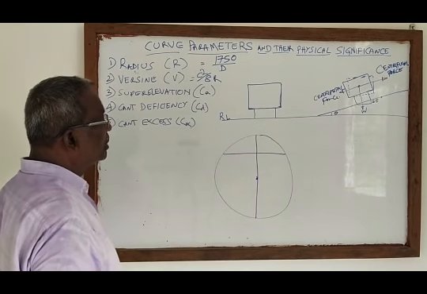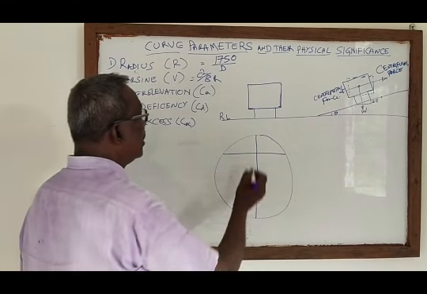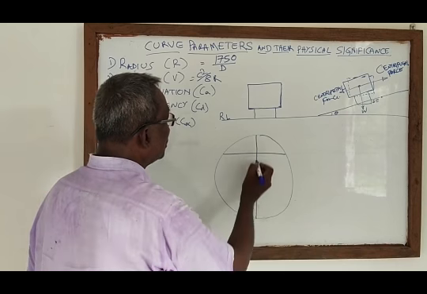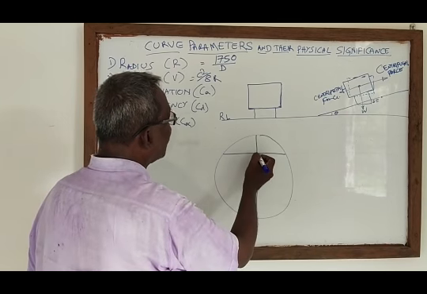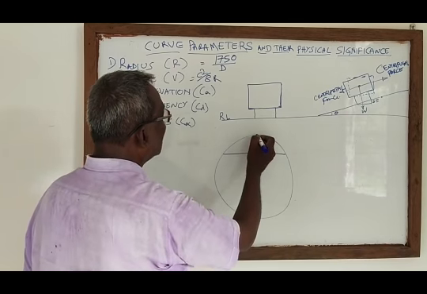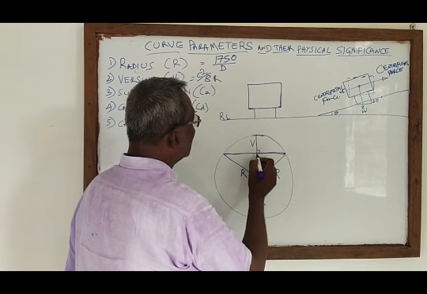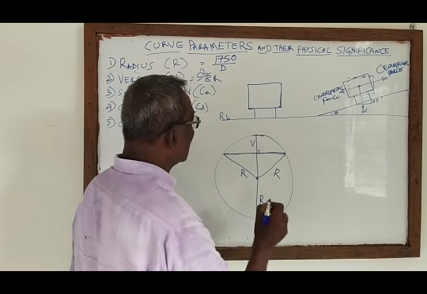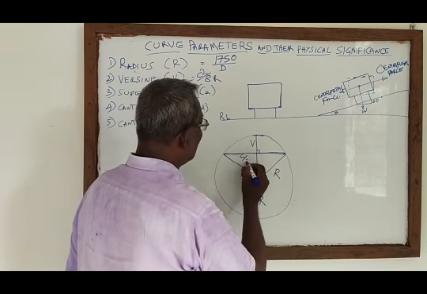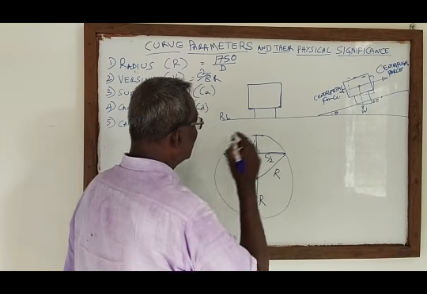What is versine? Versine is the perpendicular distance from the chord to the arc, bisecting perpendicularly at the center. This is C by 2, this is C by 2.